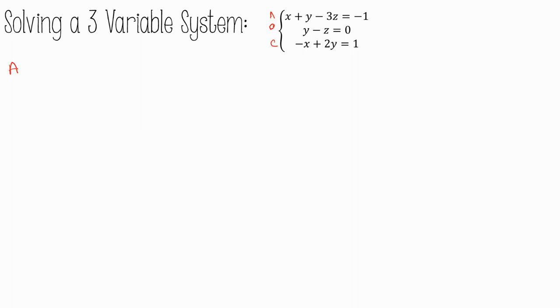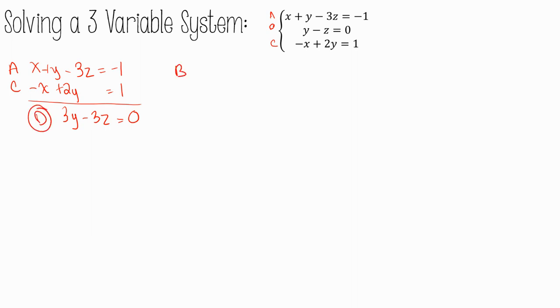So if I pair A and C together, they already will eliminate. So x plus y minus 3z equals negative 1. Negative x plus 2y. And sometimes it's helpful to leave that space, equals 1, to remind yourself to bring it down. My x's eliminate. I have 3y minus 3z equals 0. And then I compare this new equation with the B equation I didn't use.